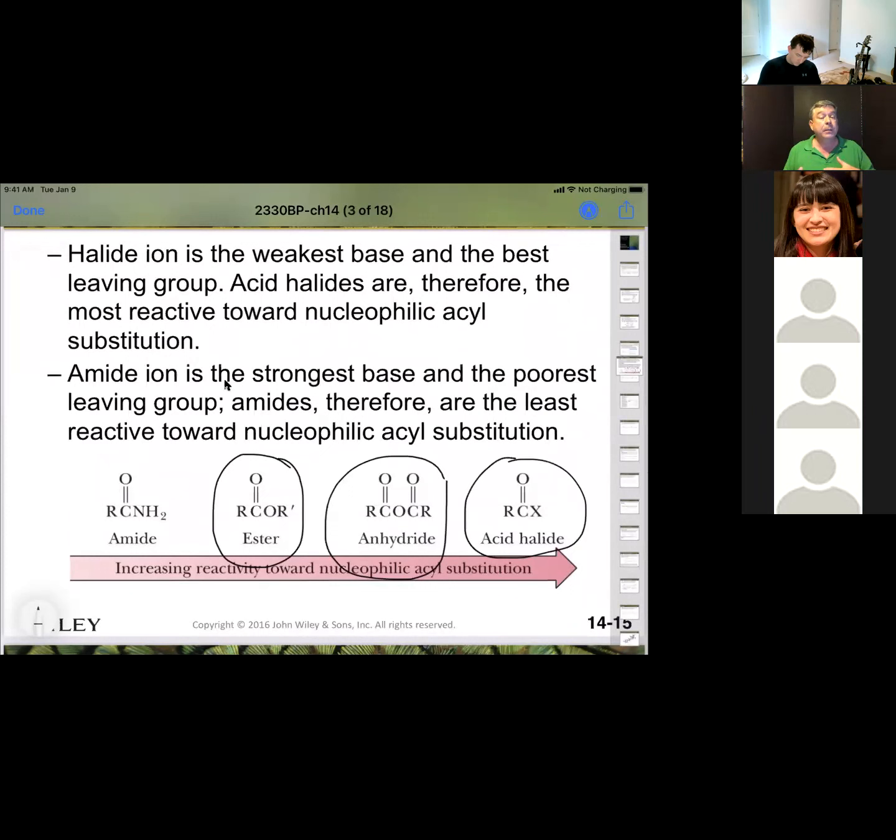And the ester and the carboxylic acid are about the same because the leaving group would have been hydroxide, okay? Alkoxide and hydroxide are about the same base strength, so they're approximately even. And then this amide anion is the strongest base of the set and is the worst leaving group. Therefore, it's going to be the slowest or hardest to react.